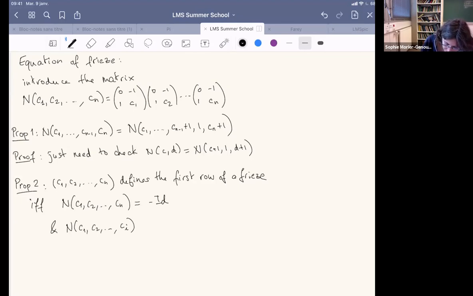So this matrix has positive entries in the second row, for all i equals 1 up to n-3.